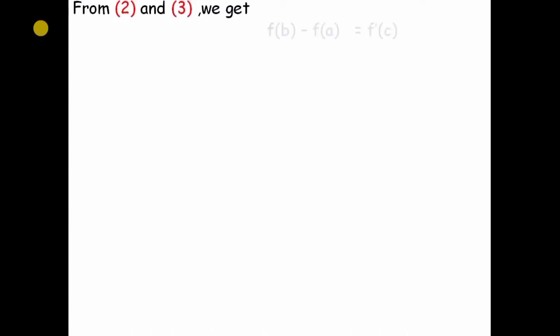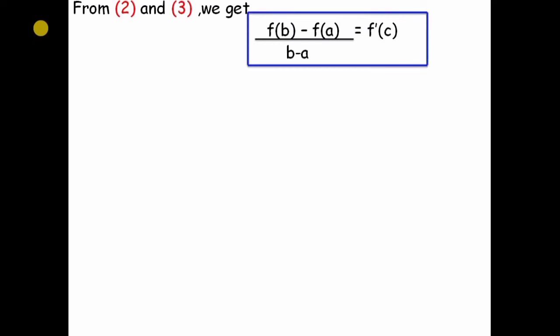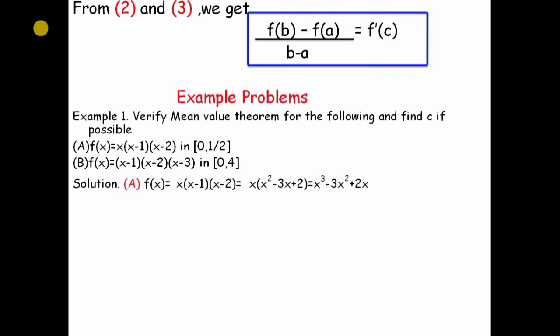So we get the Lagrange's mean value theorem. The mean value theorem allows us to find the mean or average rate of change on the graph. That's the idea. Let's solve some examples.